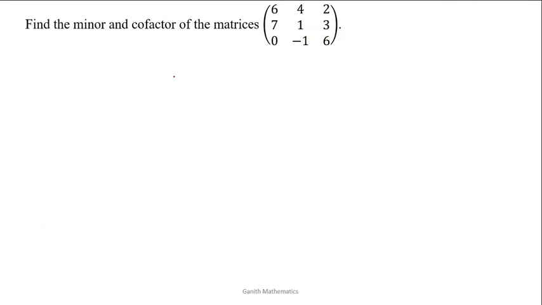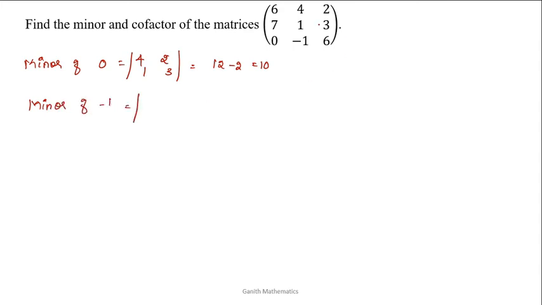So minor of 0, you just eliminate the corresponding row and column, you are left with 4, 2, 1, 3, and it will be 12 minus 2, that is equal to 10. And minor of minus 1, eliminate the corresponding row and column, it will be 6, 2, 7, 3, so it is 18 minus 14, that is 4.